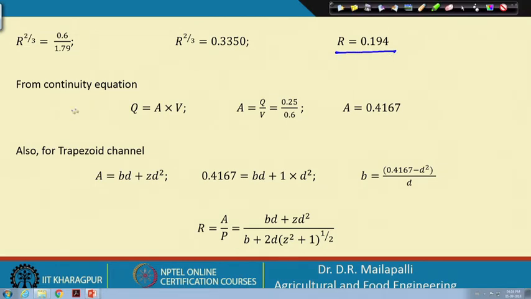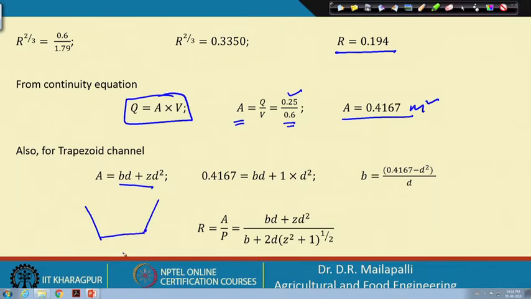From the continuity equation, Q is equal to A into V. So, A is equal to Q by V; we know the Q value, and V is 0.6. Now, A is equal to 0.4167 meter square. Now A is equal to BD plus ZD square, if you consider the channel as a trapezoidal channel.